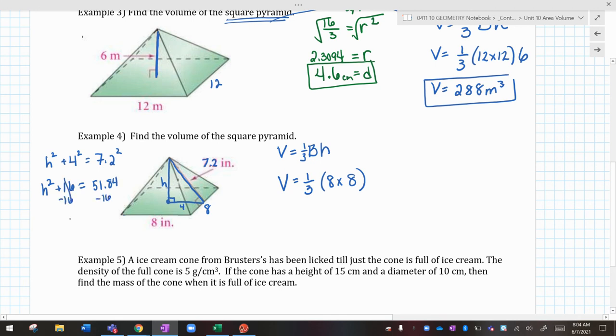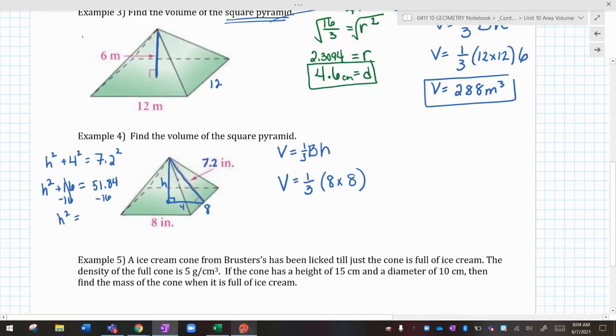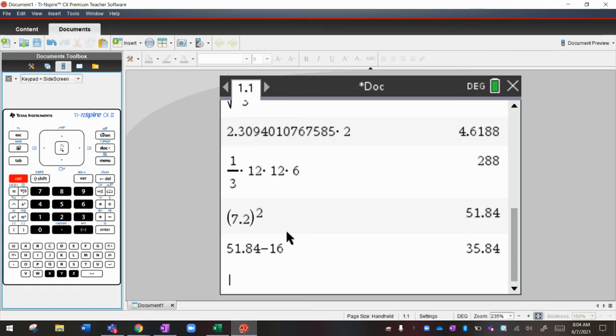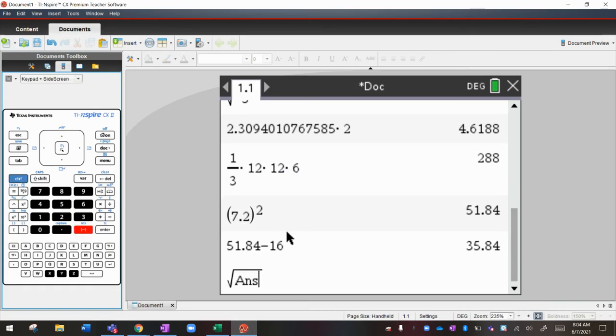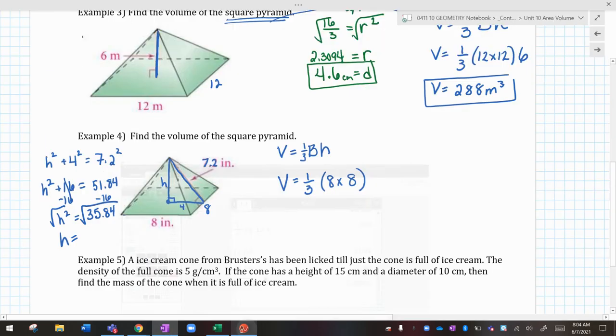Subtract the 16 and get 35.84. Square root to find h, and get 5.98665. If we round that to the nearest tenth, that's going to round to 6.